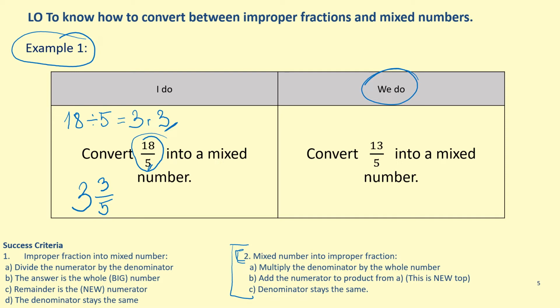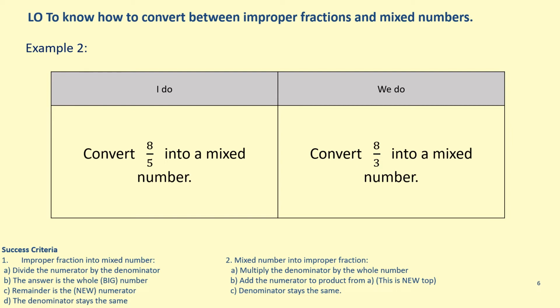Okay, so what you should have done is, 13 divided by 5 is 2, which is 10, remainder 3. So 13/5 is the same as 2 whole and 3/5. Example 2. Convert 8/5 into a mixed number.